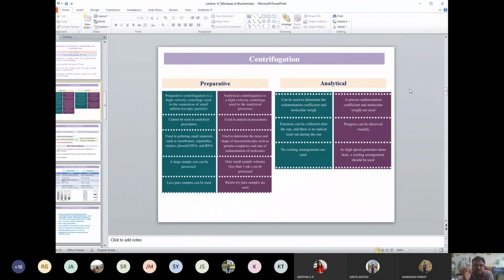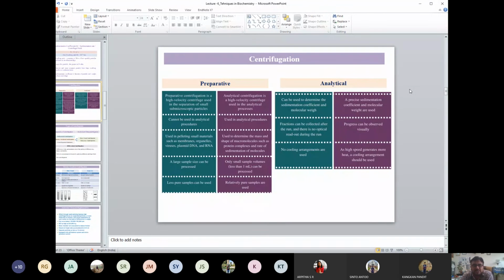Preparative, if you see the next point, is used in pelleting small materials. So here there is no scope that you can use large volume of samples. Whereas analytical is used to determine the mass and shape of macromolecules, maybe the protein, or the rate of sedimentation of the molecule. And here speed is very high as compared to the preparative.